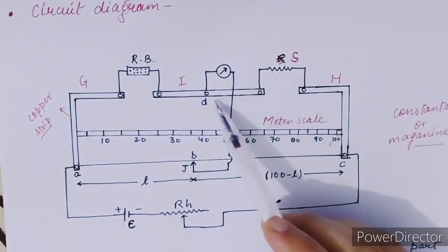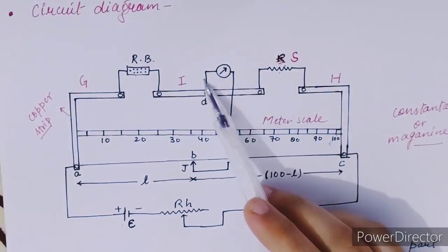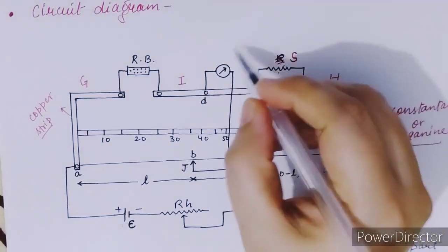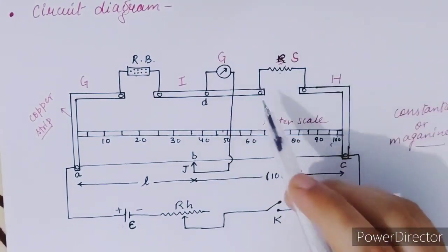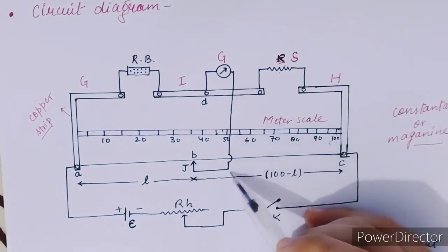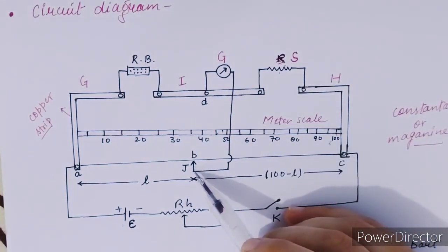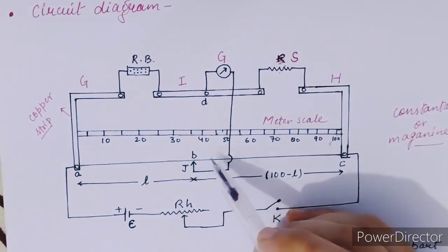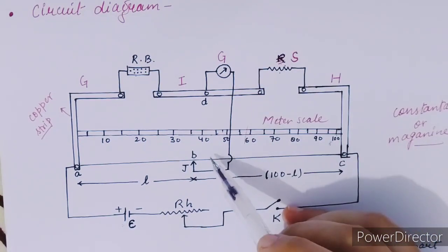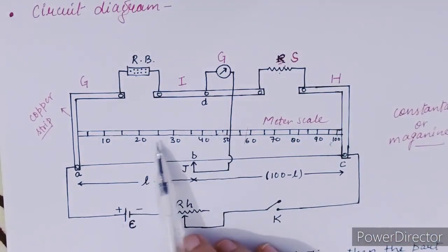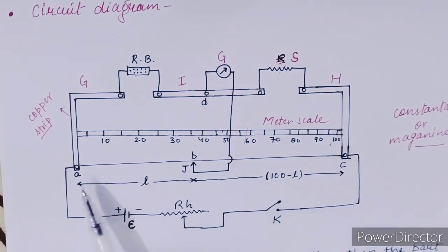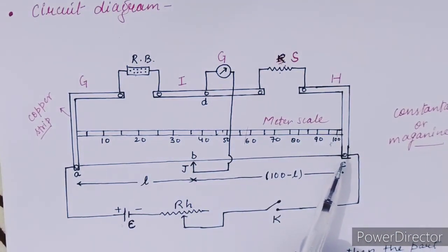Now from screw D, a galvanometer G is connected through a jockey, which slides on the wire AC.